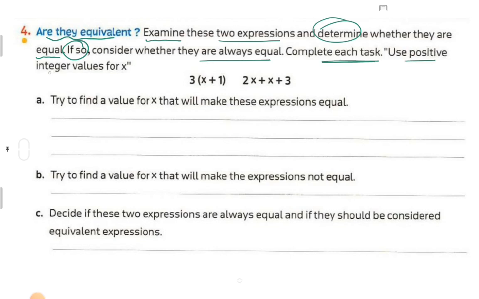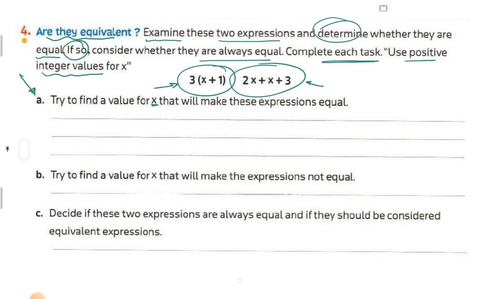Use positive integer values for x. Now we have two expressions. Point 1, try to find a value for x that will make the expressions equal. Look carefully at these two expressions, 3 times (x plus 1) and 2x plus x plus 3.